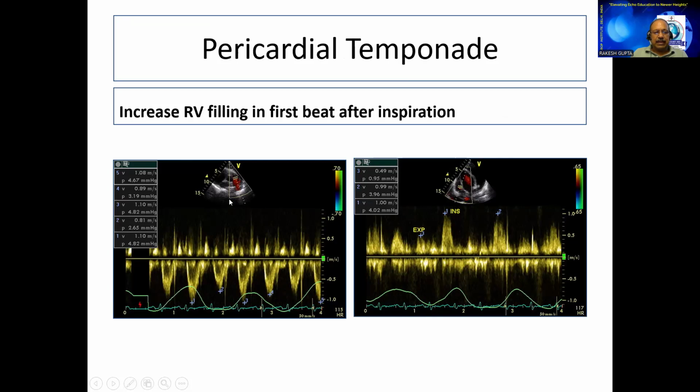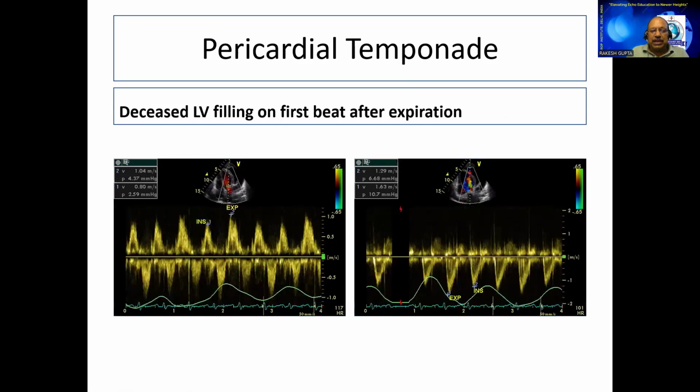Inspiration. I'll show you these patterns because this is very, very important. What I exactly mean to say is, during inspiration, the flow velocity across the tricuspid will increase, and they will show more than 25% variation in tricuspid as well as mitral flow patterns.